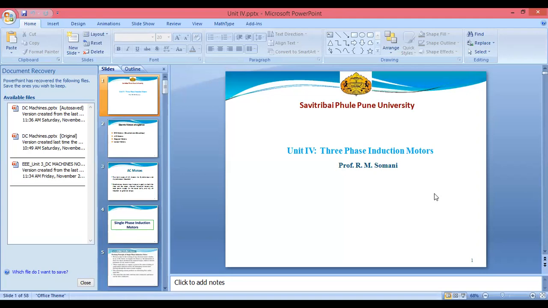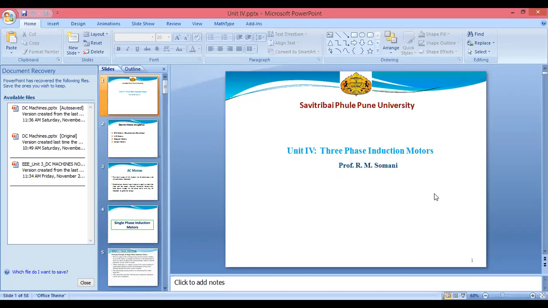It means it can convert electrical energy into mechanical energy, or mechanical energy into electrical. The same thing we can do by using the AC machine. So we can say the AC machine is also an electromechanical energy converter, which can convert AC electrical energy into mechanical energy.